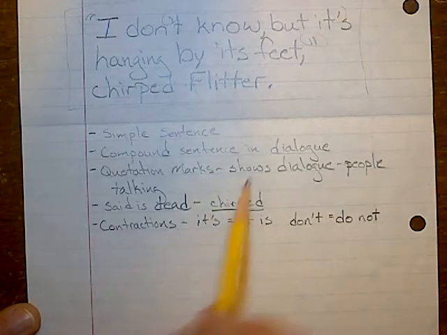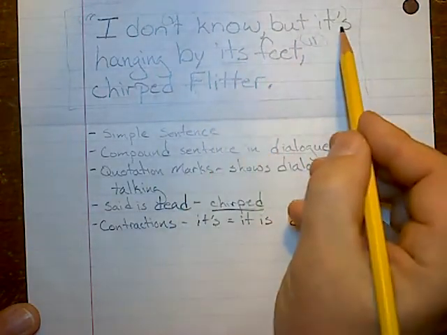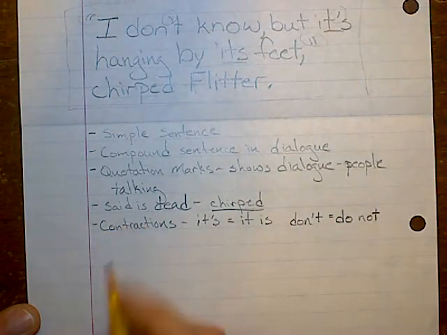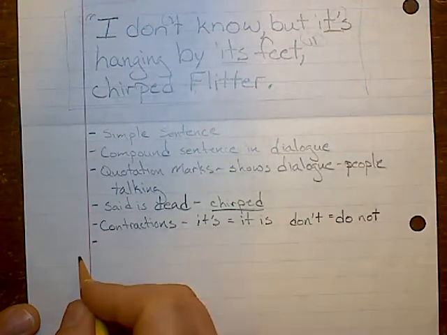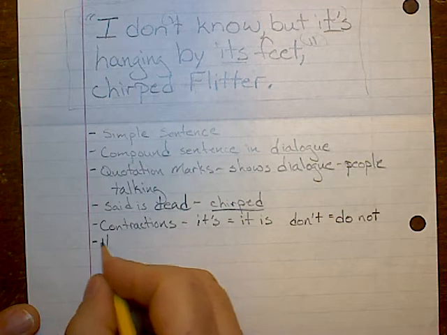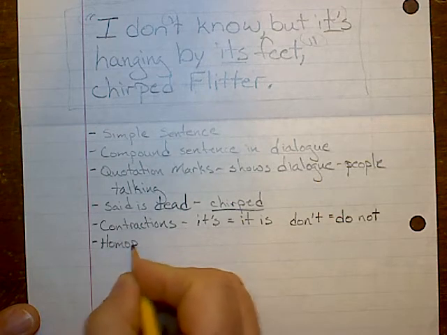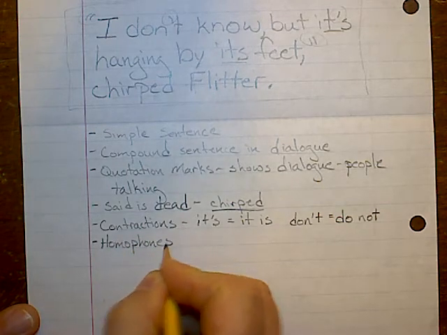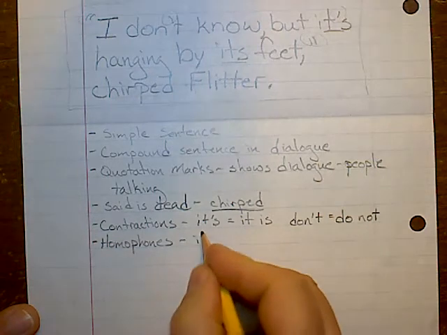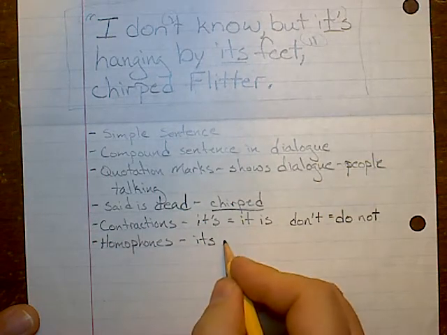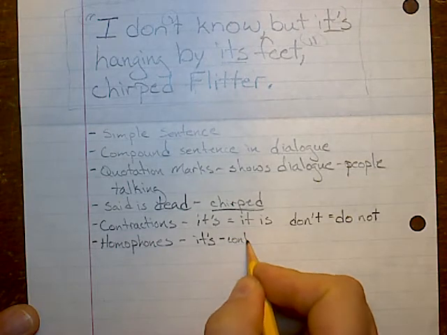Now you might have noticed those two things are kind of the same, aren't they? Okay, those are homophones of one another. And the homophones are it's, like this, and that's the contraction.